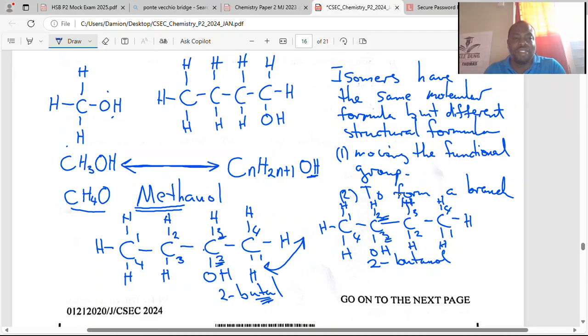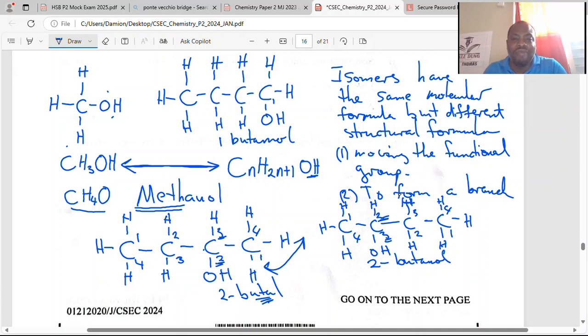Sometimes persons tend to have a misconception that it's where the double bond starts. So the OH is just definitely on one single carbon, so it's much easier. So here, if the OH is on this carbon, then automatically this must be carbon number 1. And so this would have been 1-butanol.